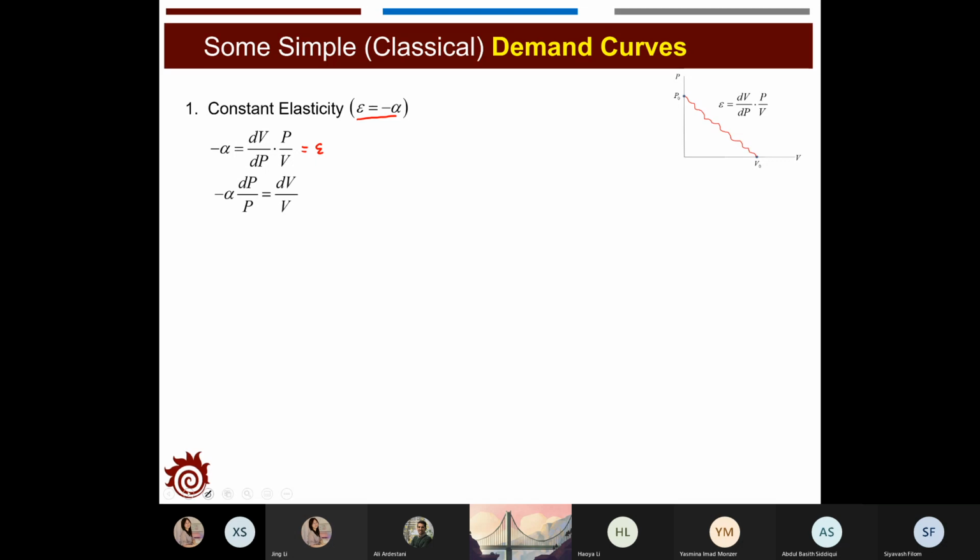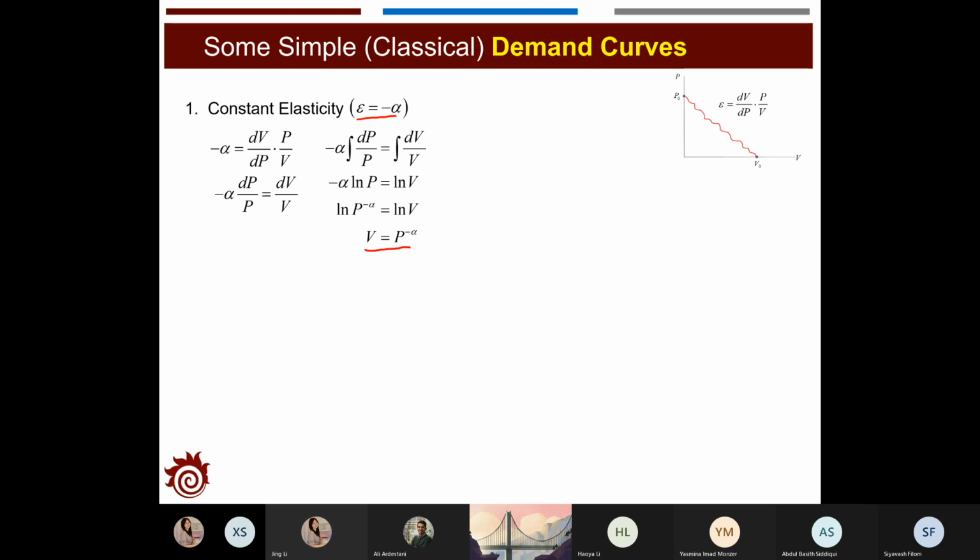Now we can use the knowledge of calculus to quickly derive the solutions about P and V. If we do the integral on both sides, you can eventually find that the flow equals P to the power of minus alpha.